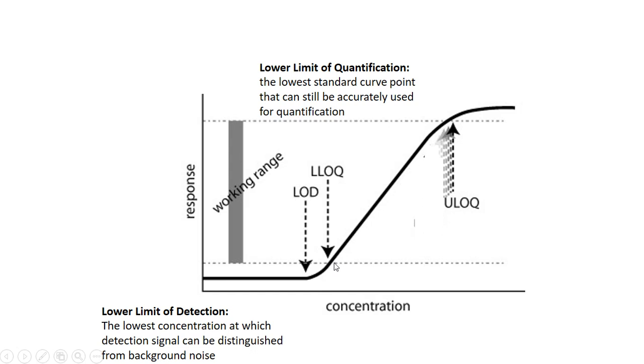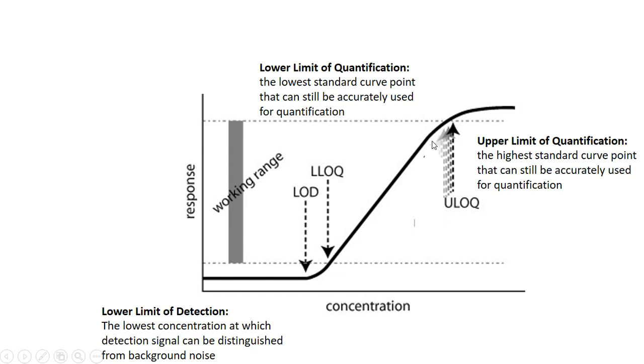So if you get a value anywhere from here and below, you can't accurately or precisely determine or reliably determine the concentration of your blood sample or urine sample, whatever it may be. Okay, so that's the lower limit of quantification.